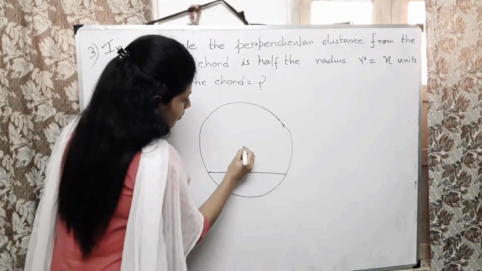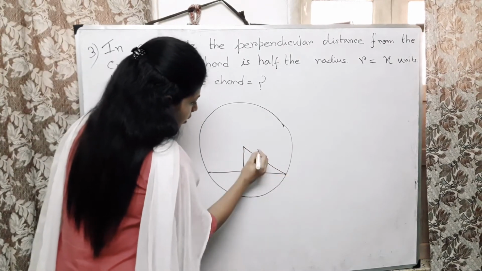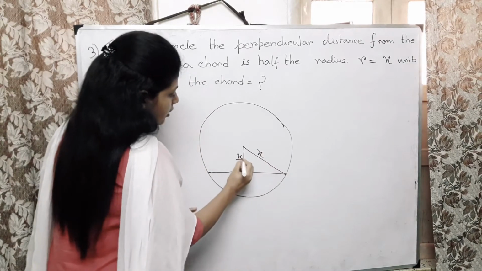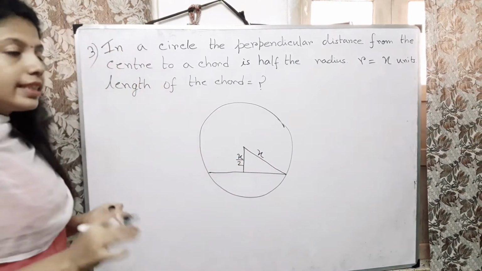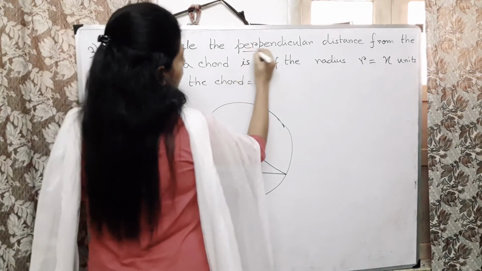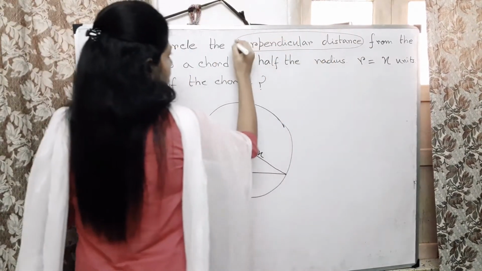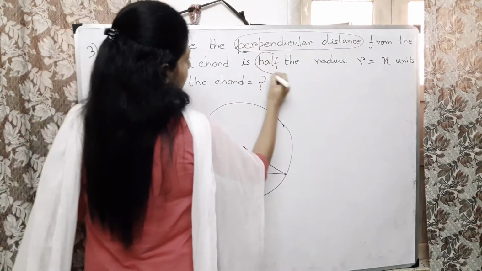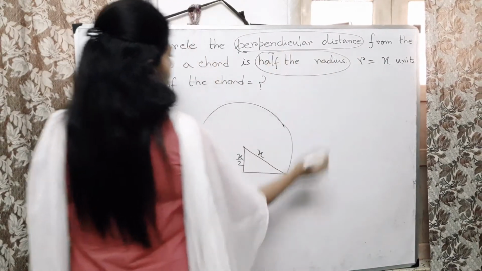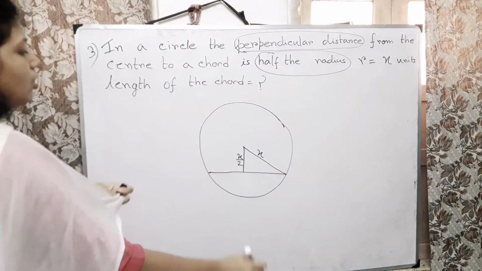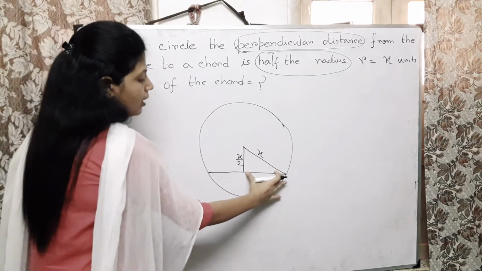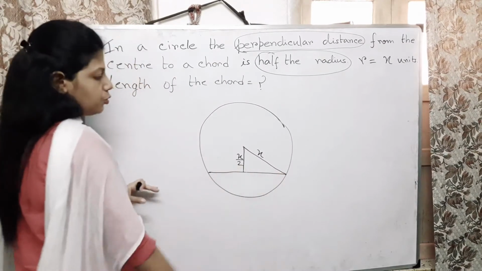That means this one is x and this one is x by 2, because it is given that the perpendicular distance is half the radius. We have to find the length of the chord. So first I will find this one, then just multiply it by 2.